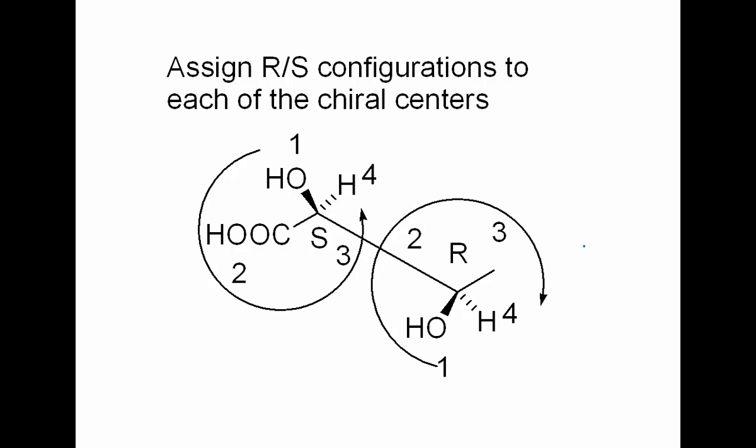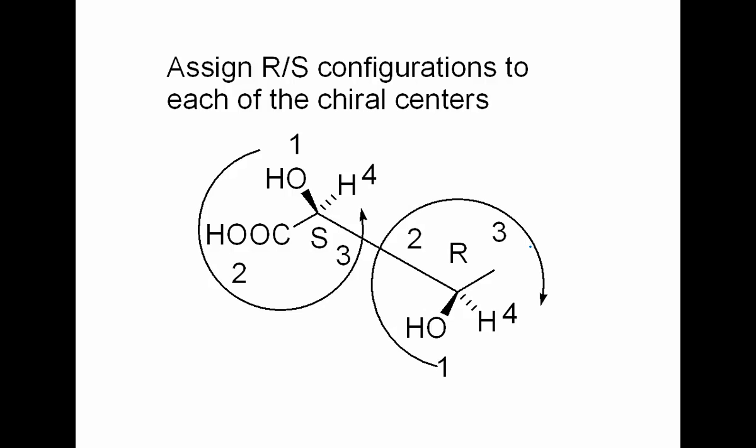Okay, so if we understand that, we can very easily assign the stereocenters, right? The one on the left is S, 1 to 2 to 3. The one on the right is R, 1 to 2 to 3, in a clockwise direction.